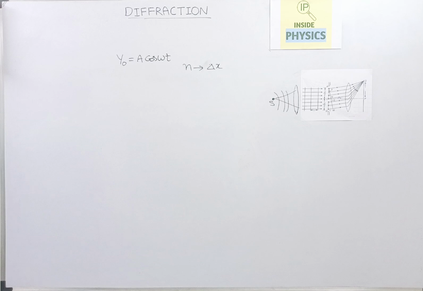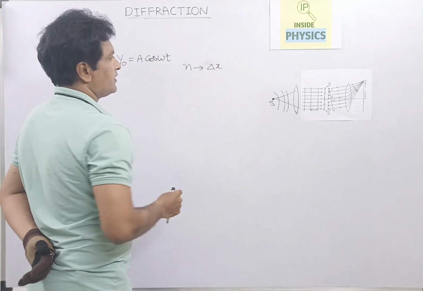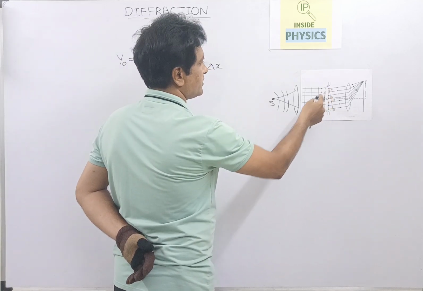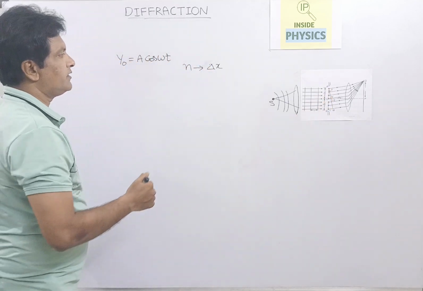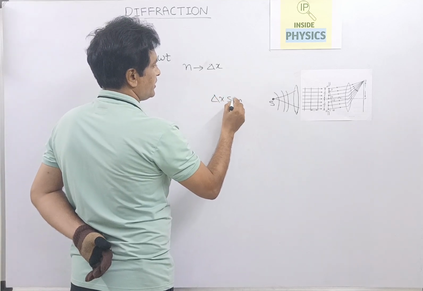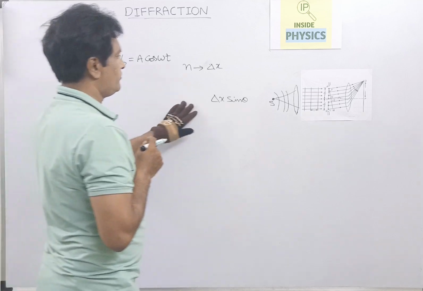So delta x is the width of each strip of the slit. If the rays are coming from consecutive strips, they will have a path difference of delta x sin θ. We have already seen these path difference calculations in the previous video.